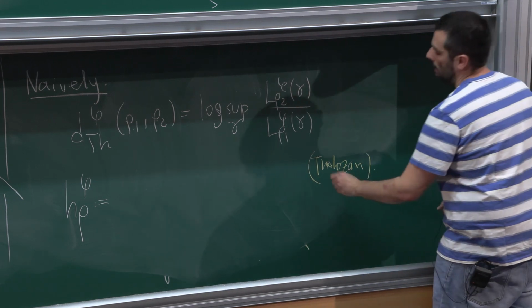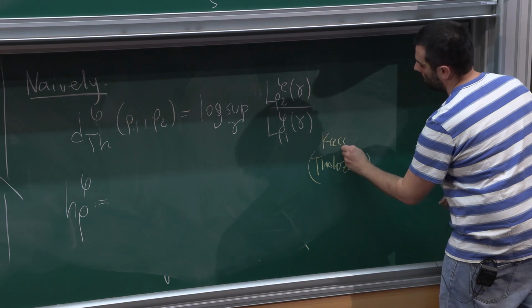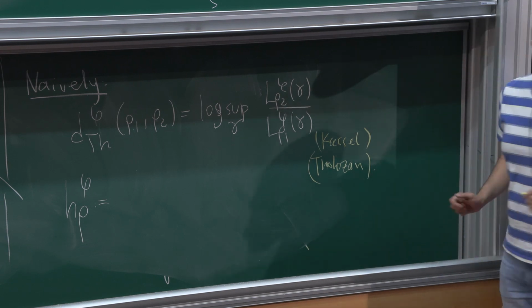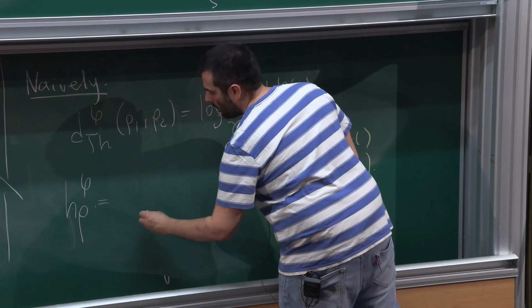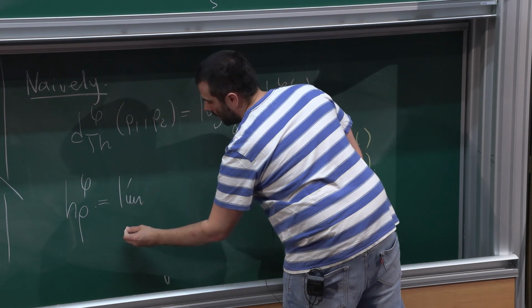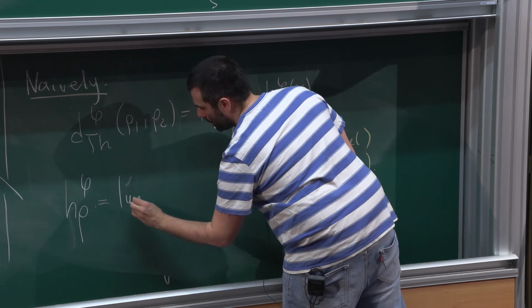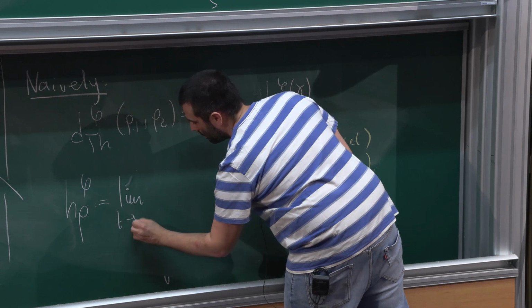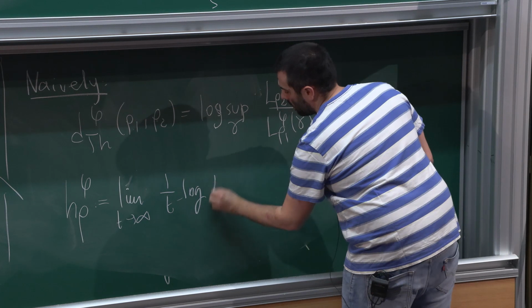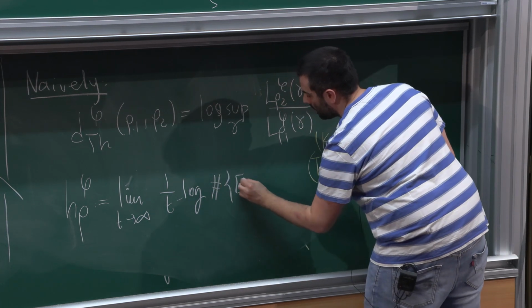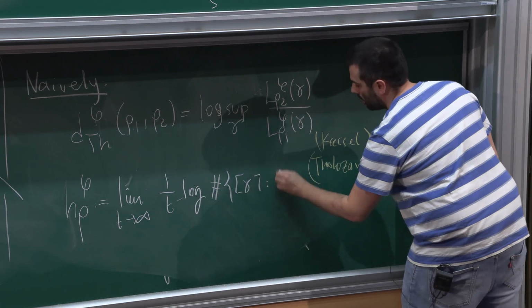The limit as t goes to infinity, so you take the number of conjugacy classes. So the same definition, right?